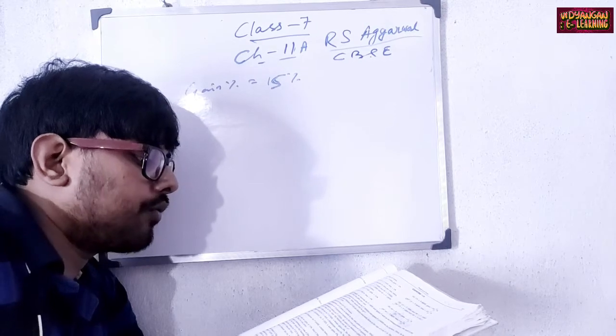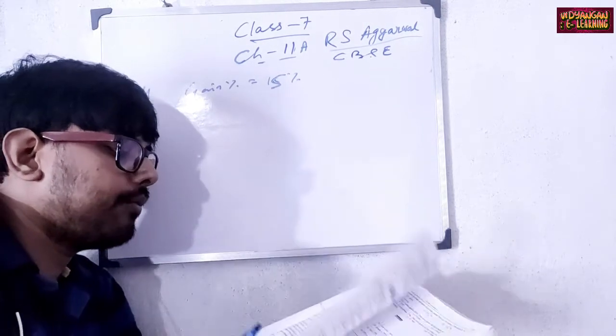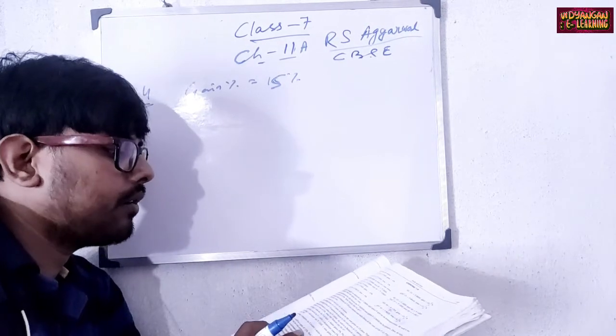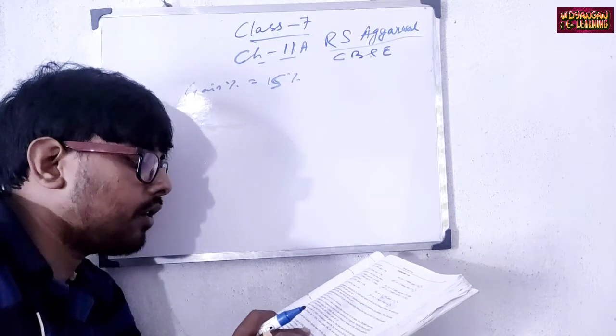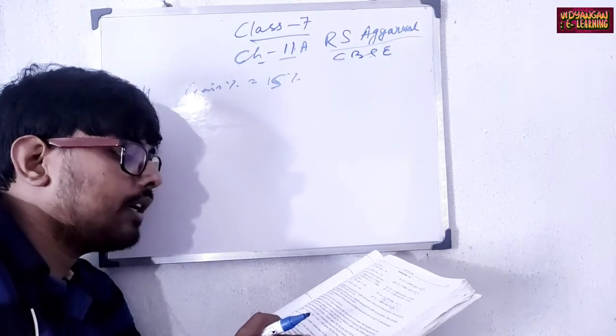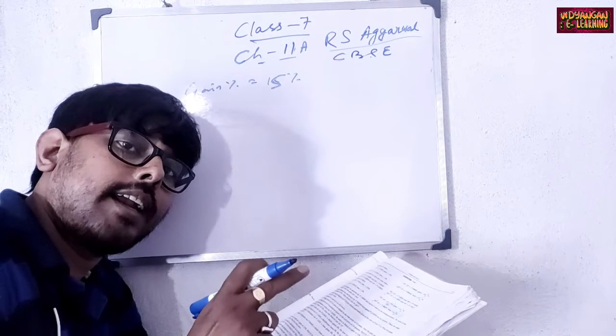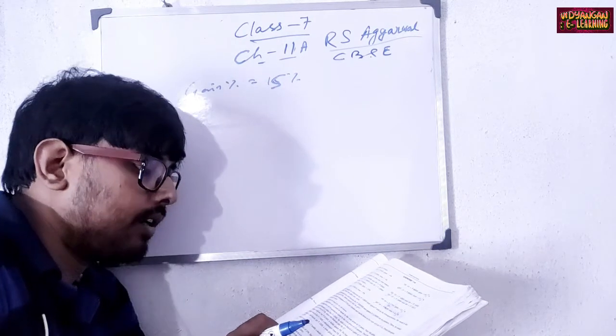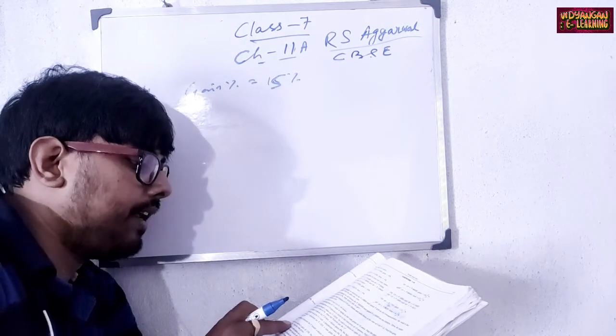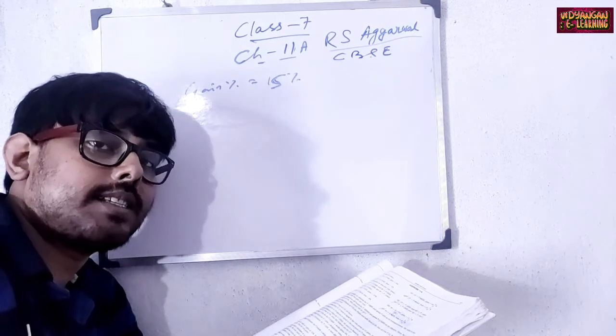Had it been sold for 108 more, that means if he added 108 rupees more to the sold price of the tricycle, then the profit would have been 20%.